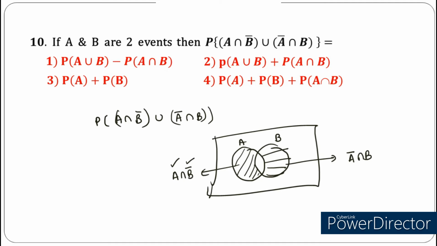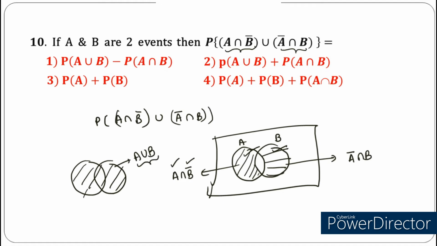Now here they have asked what? P of A intersection B bar union P of A bar intersection B. It means together these two parts they have asked. Now see here, if I take the Venn diagram and mark the whole thing, that is nothing but A union B. In the A union B, they are leaving just this middle part.